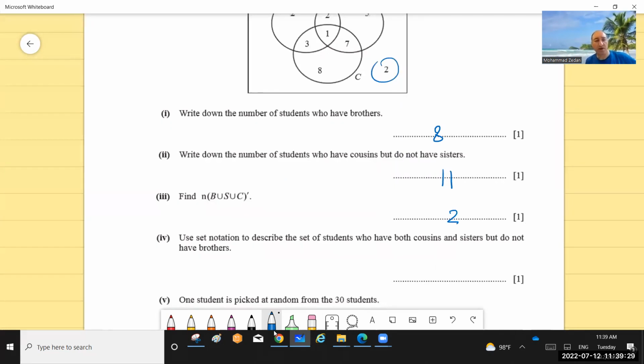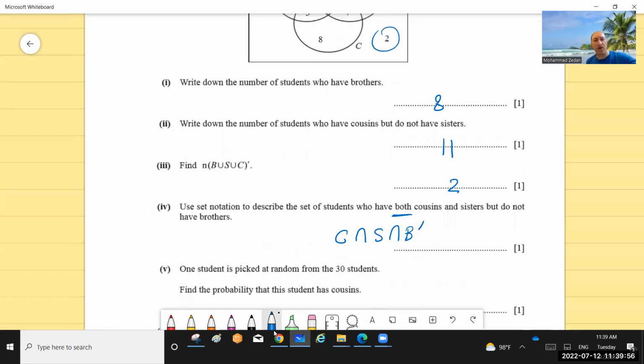Use set notation to describe the set of students who have both cousins and sisters but do not have brothers. Both cousins and sisters means the cousin intersection sisters, and no brothers means intersection B prime. This set notation represents this part.